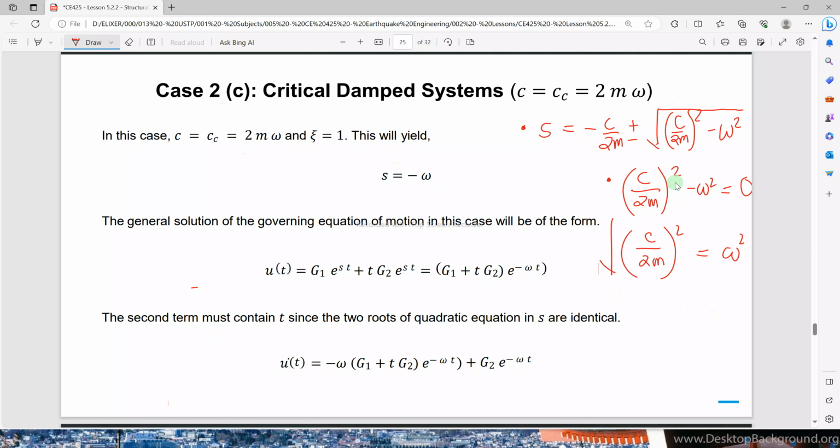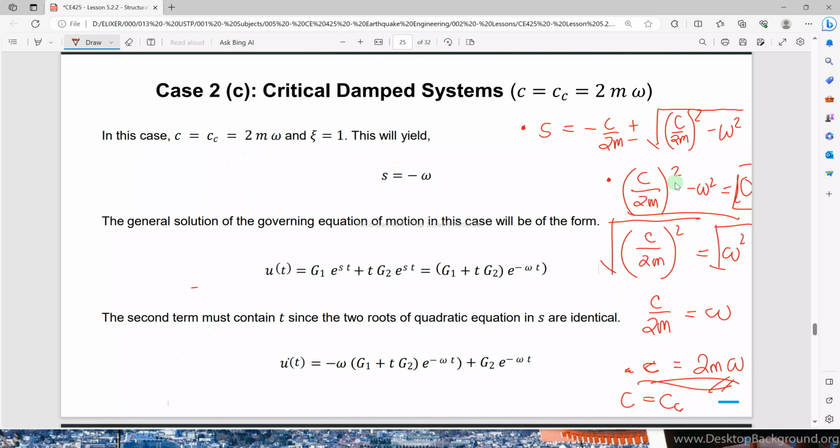And then if we extract the roots of both sides, we will arrive that c over 2m is equal to omega, and our damping coefficient is equal to 2m omega. So in this condition, when our determinant is equal to 0, it means that our coefficient of damping is equal to 2m omega, which is equal to the coefficient of the critical damping.